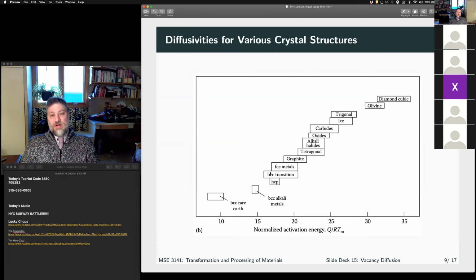So in general, metals are going to have faster diffusion rates than other solids, right? So graphite here, why does graphite have fairly fast diffusion compared to diamond? I mean, diamond has the slowest diffusivity rates.